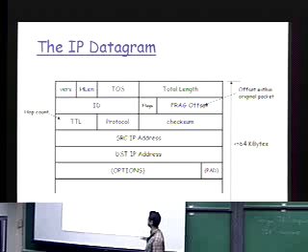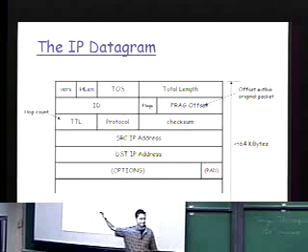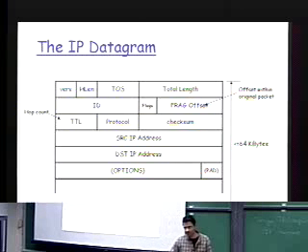Source address, destination address, we know what that is. Checksum, again we know it's a method of error checking. Hop count, time to live, we know what the TTL field is. The TTL field is decremented every time a packet goes from one IP layer device to another. So when it goes from one router to the next, this TTL field is going to be decremented.